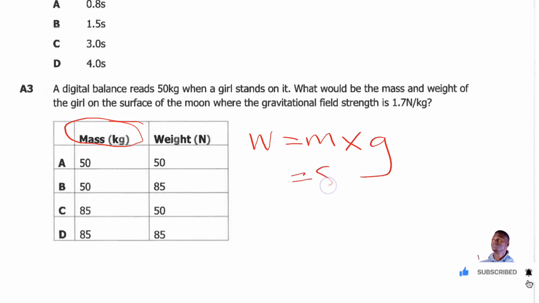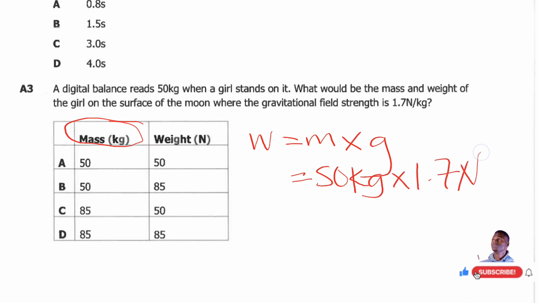So mass will be 50 kg times 1.7 Newton per kg. The kg and kg will cancel, since there is a division sign here, and you're just left with Newton, which tells you that weight should be in newtons.